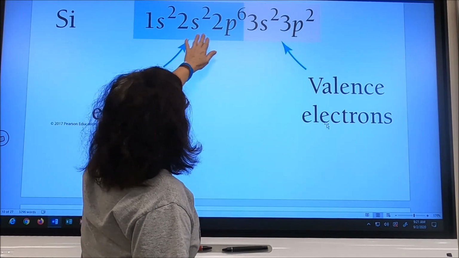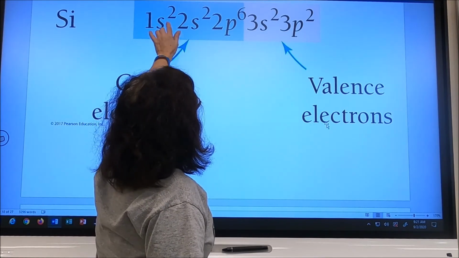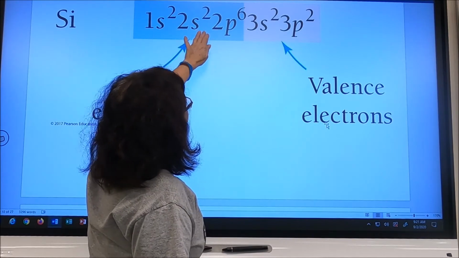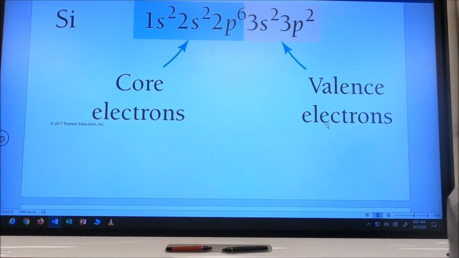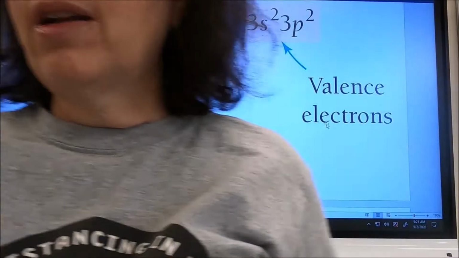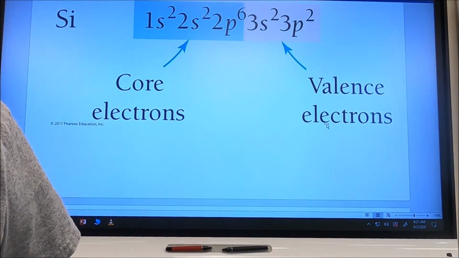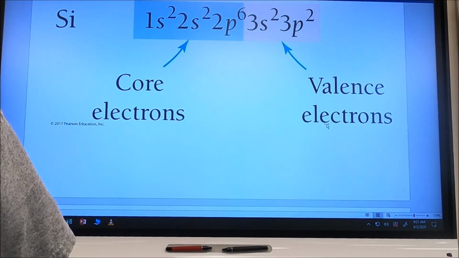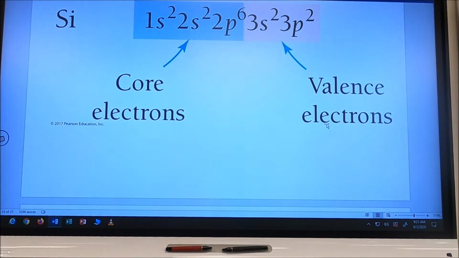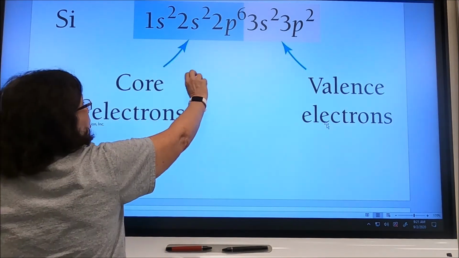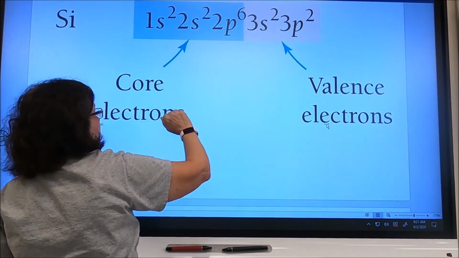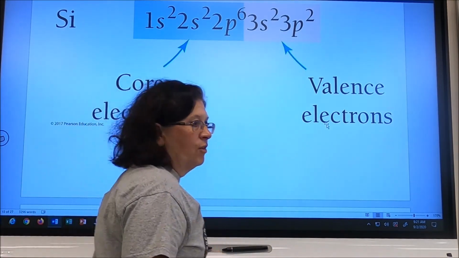Here are my core electrons. Okay, the electron configuration here, 1s2, 2s2, that is the same electron configuration as the element neon. So, electron configuration of neon, core, okay, valence electrons.